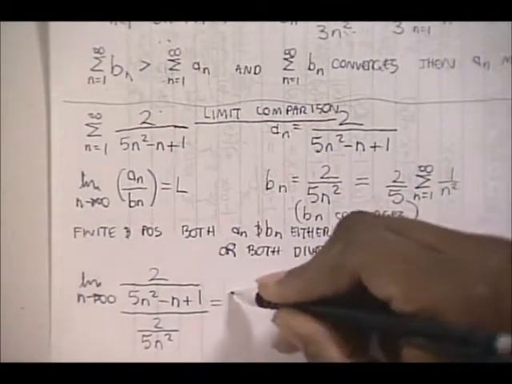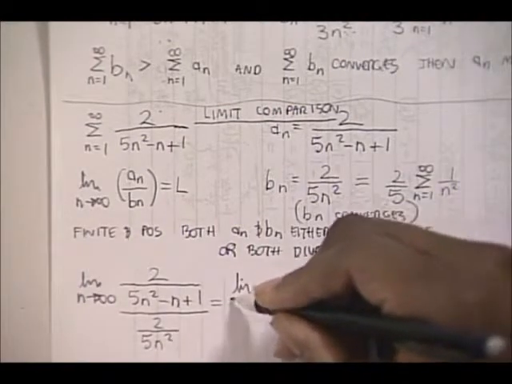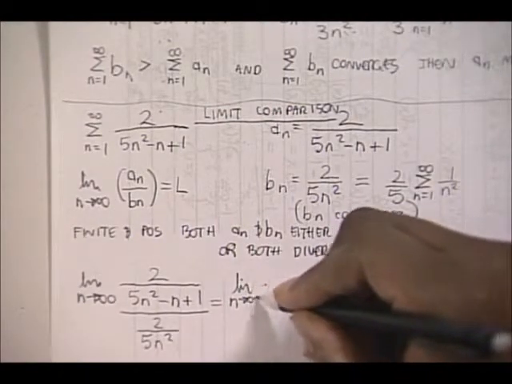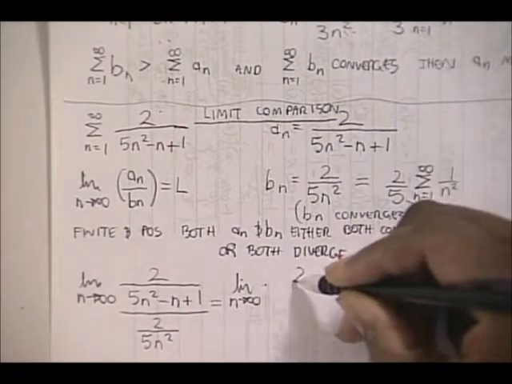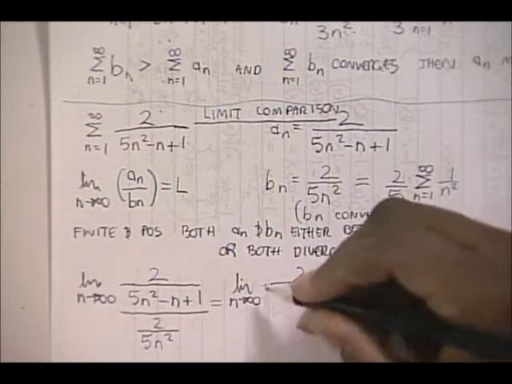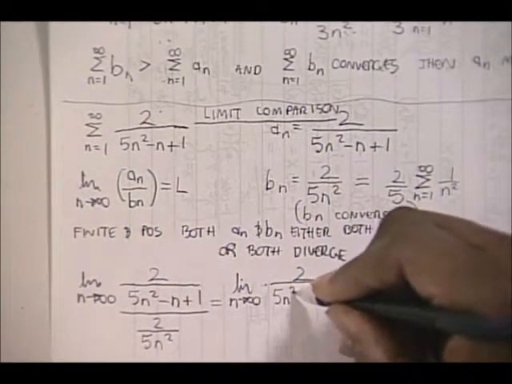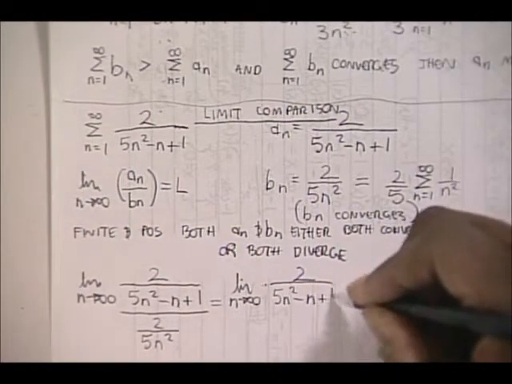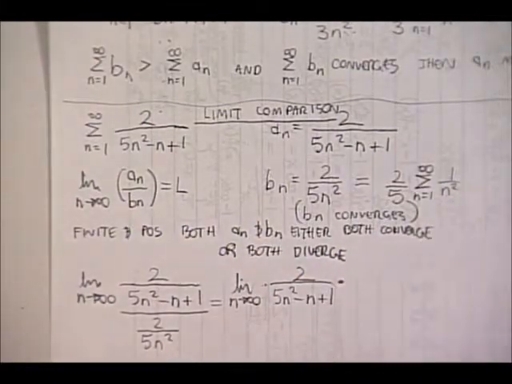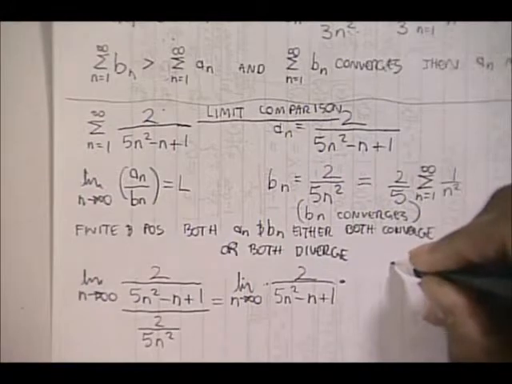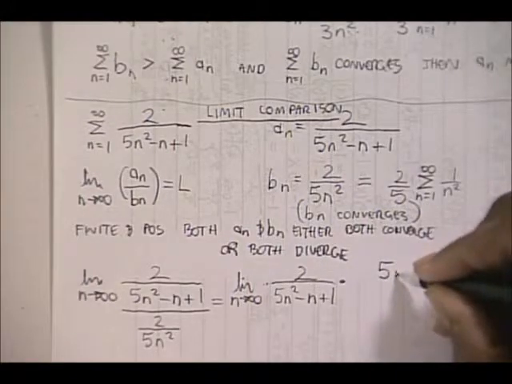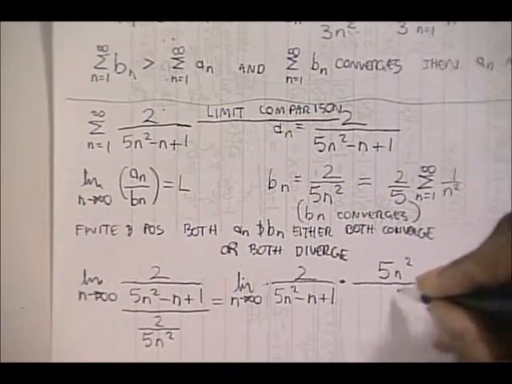All right, so what we have here is the limit as n approaches infinity of a quotient. Anytime you have a quotient, you can multiply by the reciprocal. So we got 2 divided by 5n squared minus n plus 1. And let's multiply by the reciprocal of this. So you multiply by 5n squared over 2.